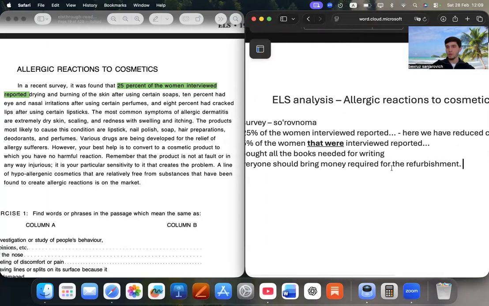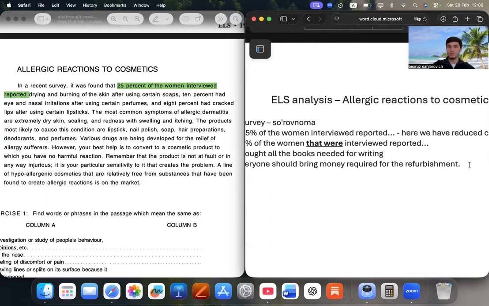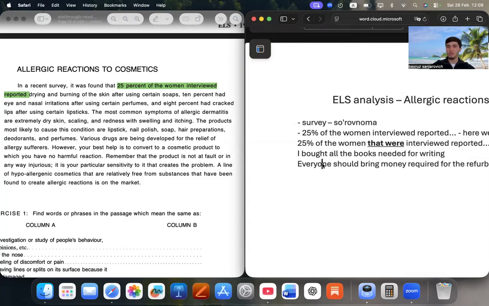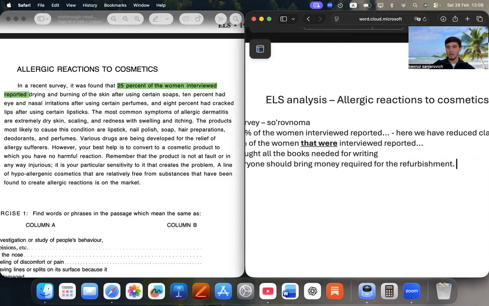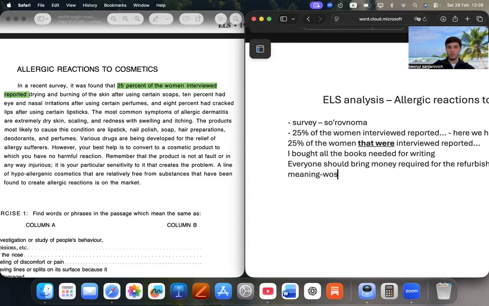Like, everybody should bring money required for the refurbishment. Yeah, the sentence is grammatically okay, but meaning wise, I don't think it's a good one. And meaning wise, you can learn this chunk as well.